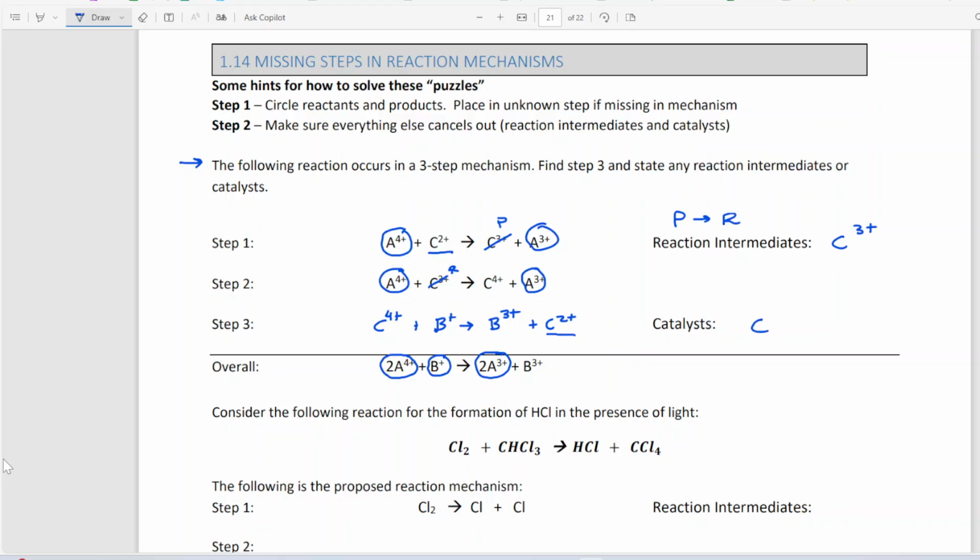So it must be a catalyst, right? So it goes as a reactant and leaves as a product. And then my last one is my C4+. So my C4+ is produced in one step and consumed in a later step. So it is also a reaction intermediate. So this reaction had 2 reaction intermediates and 1 catalyst, and I wrote my missing step.